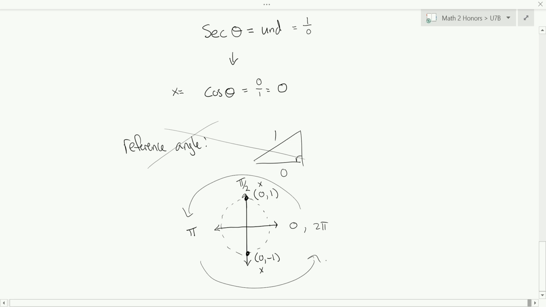If it helps, because this is over 2, make this over 2, and it might make more sense. So this is 1 pi over 2, 2 pi over 2, 3 pi over 2. And so our answer is theta equals pi over 2 and 3 pi over 2.